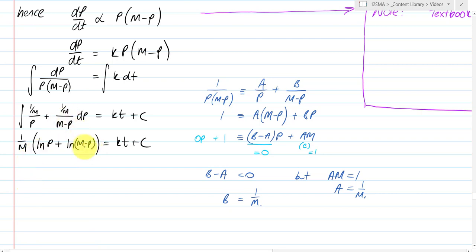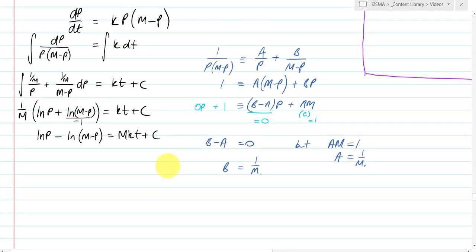When I integrate m minus p, I'm integrating with respect to p, which means I have to divide by -1, because the derivative of the inside is -1, and so I get -1 there. So this means I get log of p minus log of m minus p, and over here I get mkt plus some constant, and the constant just remains a constant irrespective, so it doesn't matter about the m incorporation in there.